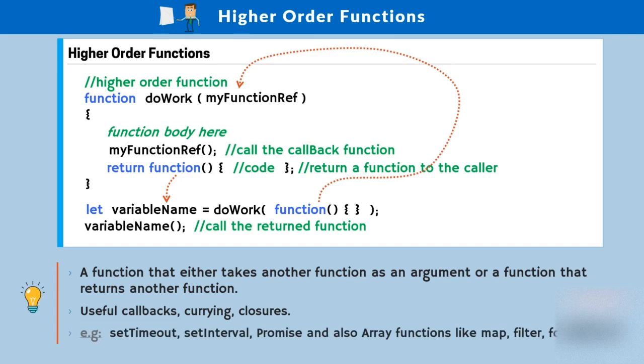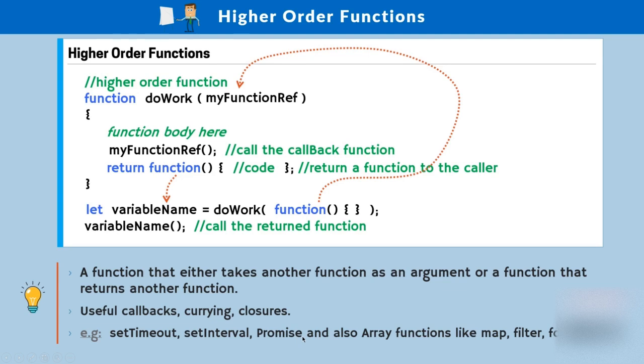For example, in setTimeout and setInterval, we have passed a callback function as argument, right? Since the setTimeout and setInterval functions are receiving the callback function as argument, those can be called examples of higher order functions. In the same way, in the further lectures, we will understand promise. There also we use callback functions asynchronously.